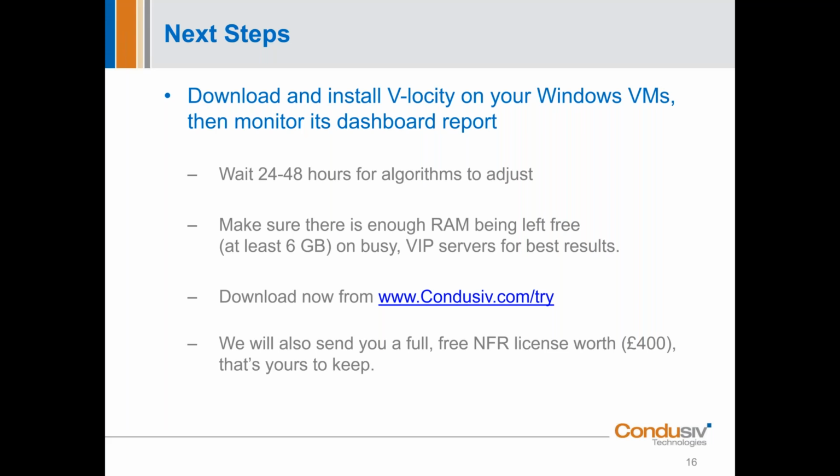That will give V-locity's telemetry algorithms a chance to learn a bit about the workloads that you're running in each machine and start figuring out what the hot blocks of data are that should be in the RAM cache. Also, try to leave enough RAM free to cache effectively, especially on your more important, busy, or VIP servers.